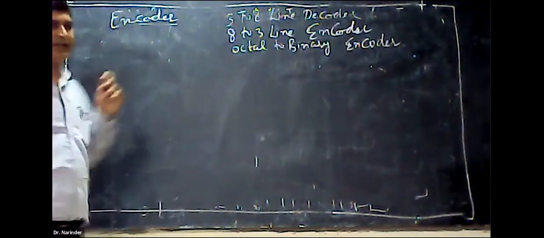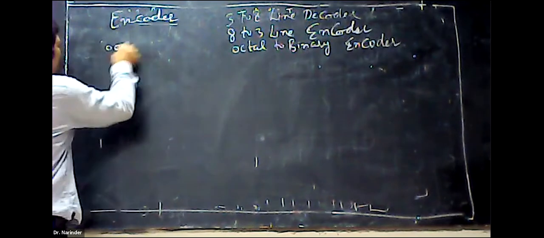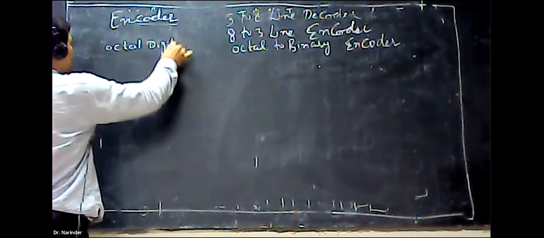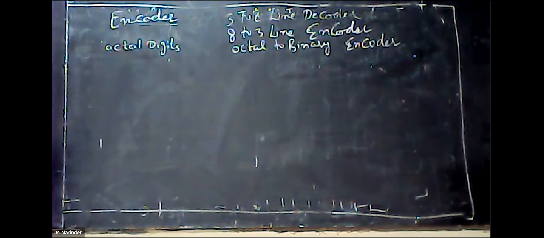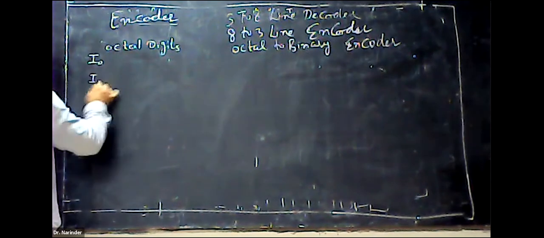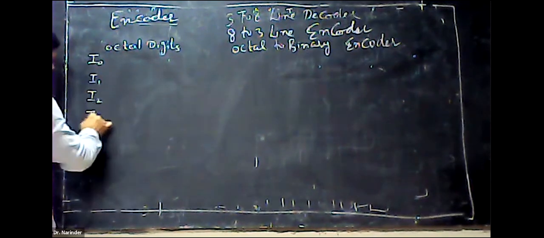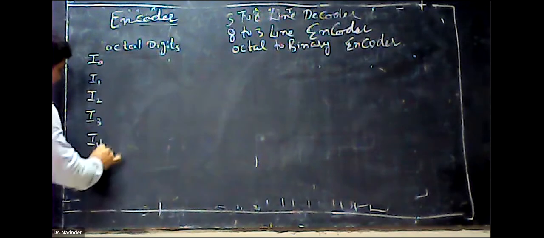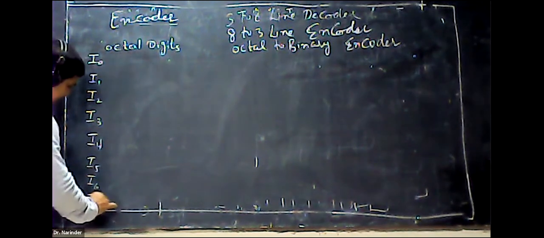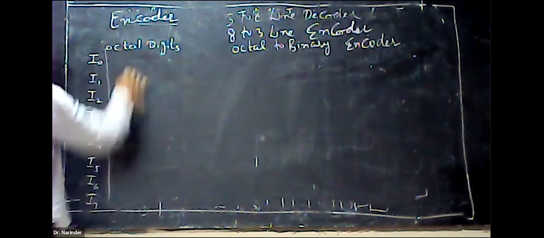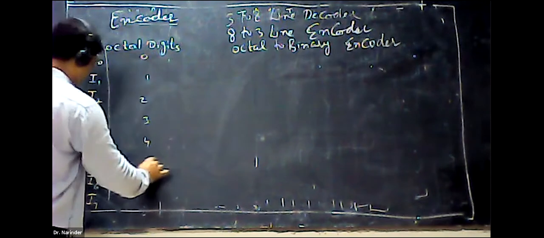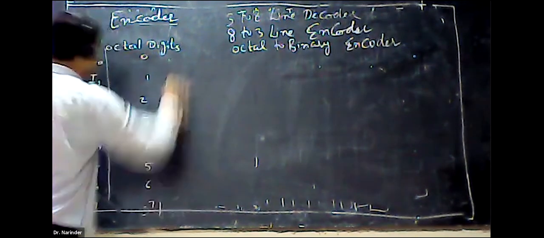So how can we write its input octal digits? They are numbered as I0, I1, I2, I3, I4, I5, I6, and I7, that is 0, 1, 2, 3, 4, 5, 6, 7.